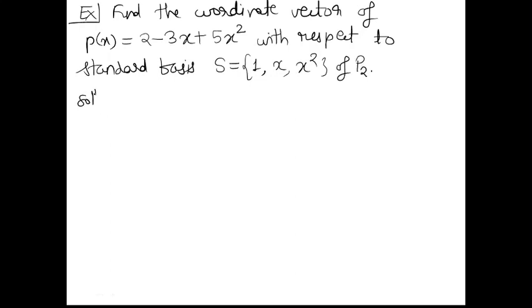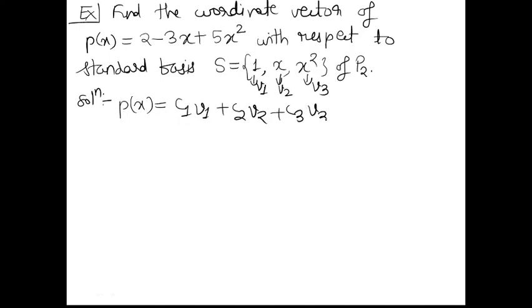So what will we do here? As per the requirement, p of x is a linear combination of each element in this set S. Elements in the set S, here we denote them by v1, v2, v3. So p of x is a linear combination of v1, v2, v3, and this expression is our given vector equation.